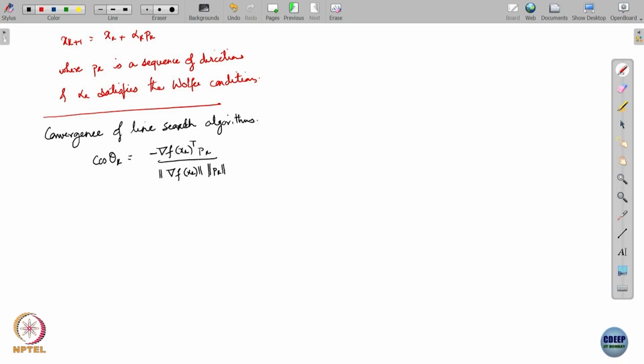I am taking the negative of the inner product in the numerator, and dividing by the norms of these two vectors. This is well defined only when these two vectors are not 0. P k is a direction we are choosing, so it is non-zero, and if the gradient of the function is non-zero, then this quantity is well defined.